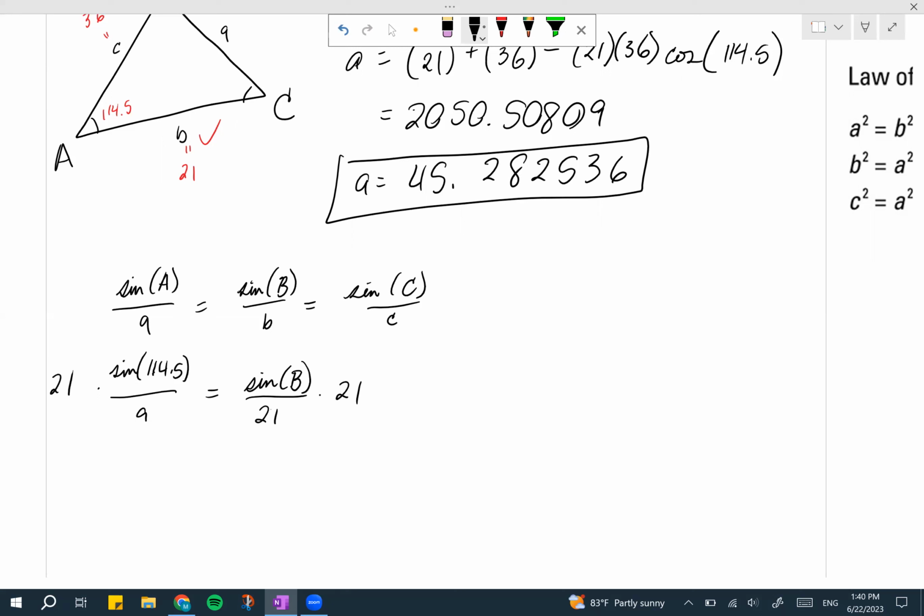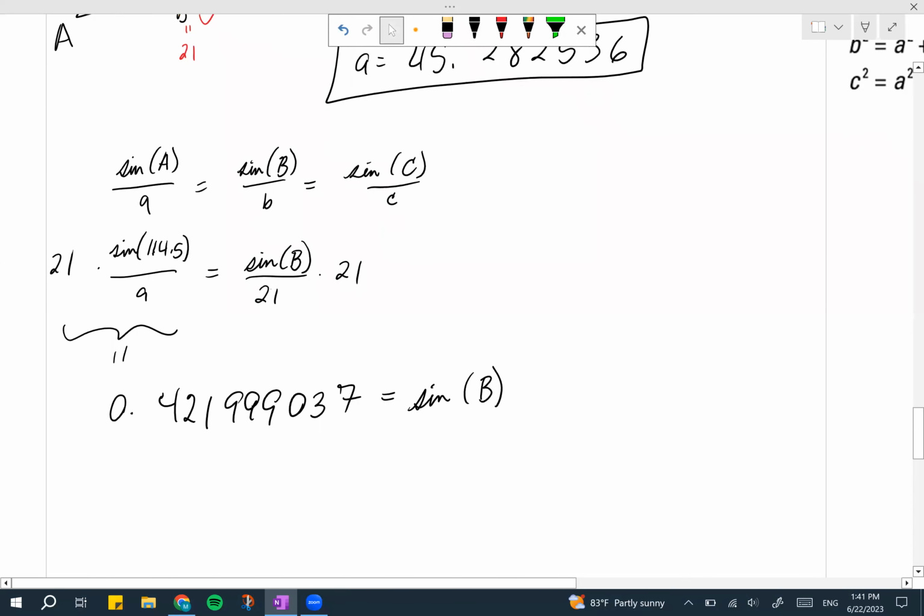And whenever I plug this in the calculator, I get 21 times sine of 114.5 divided by my side little a. I get 0.421999037 is equal to sine of big B. Now that I have sine of big B, I can take sine inverse of both sides.